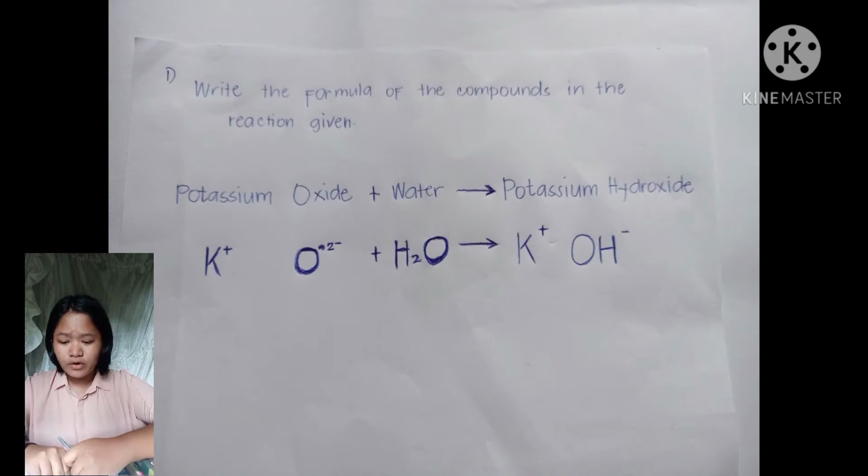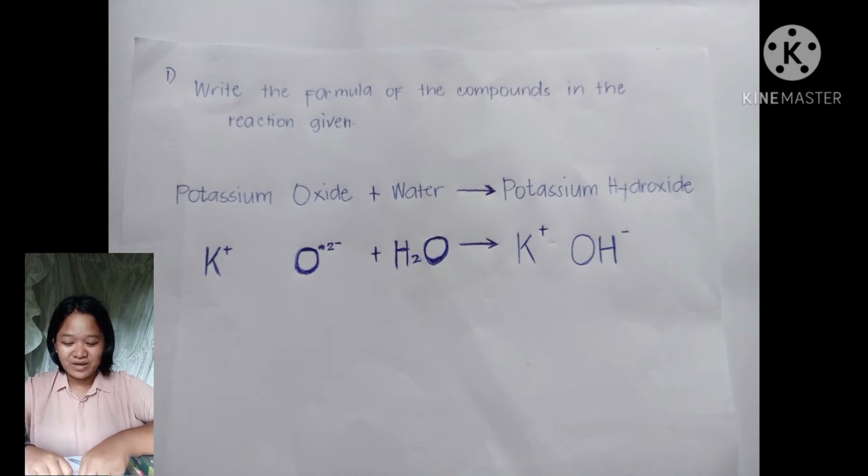And for oxide, it belongs to anions which has an oxidation state of 2 negative. And plus water, so we all know that the common chemical formula sa water is H2O.